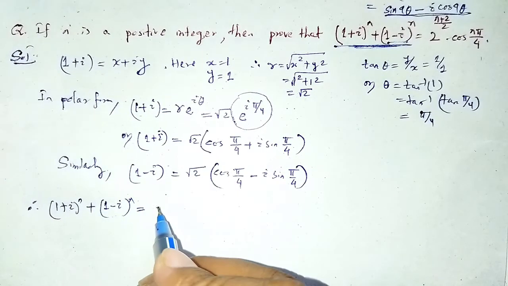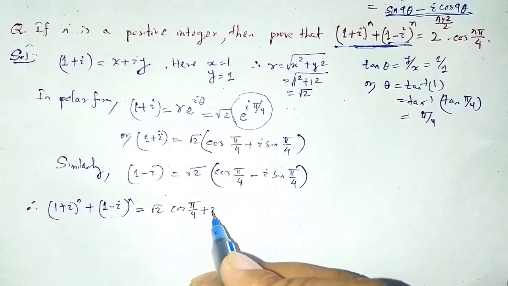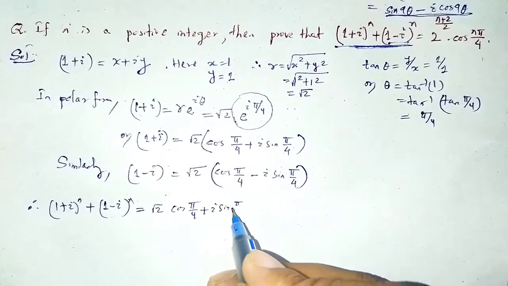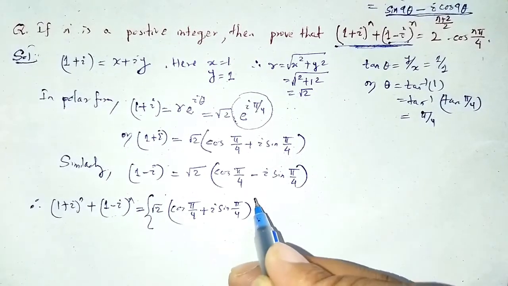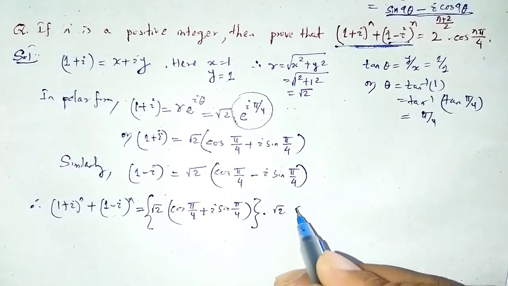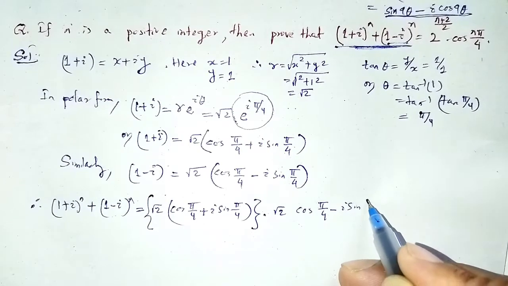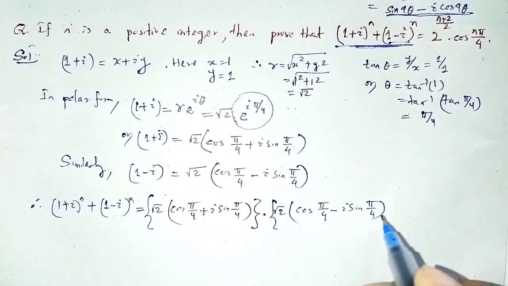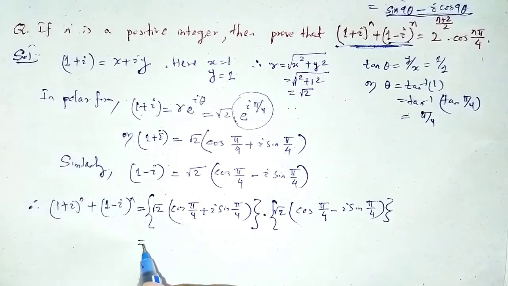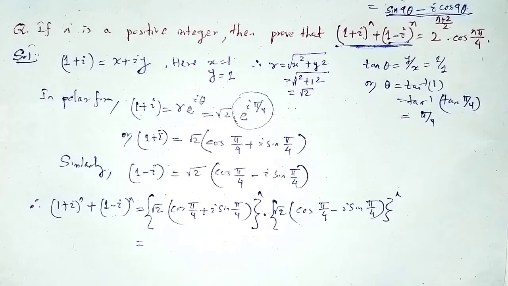For that purpose, we use root 2 (cos pi by 4 plus i sin pi by 4) to the power n plus root 2 (cos pi by 4 minus i sin pi by 4) to the power n.